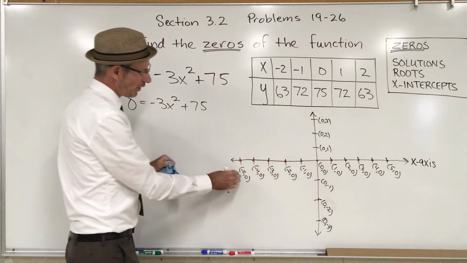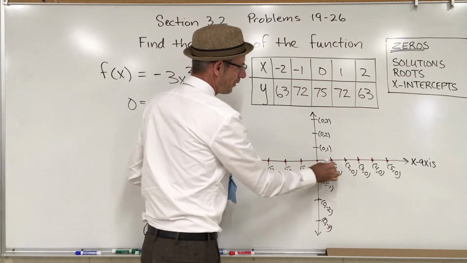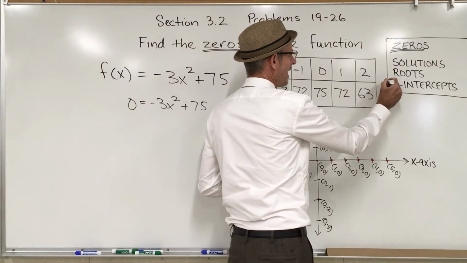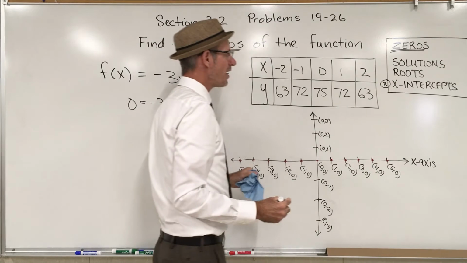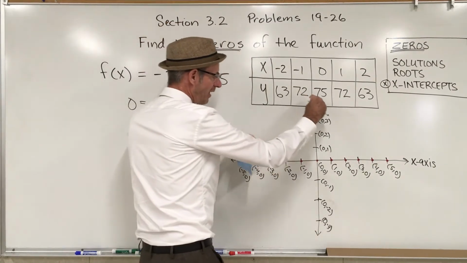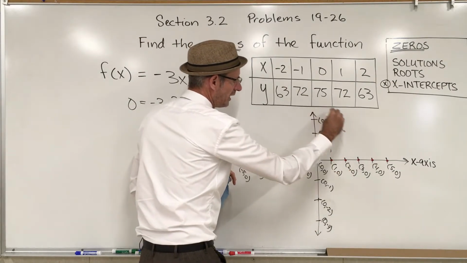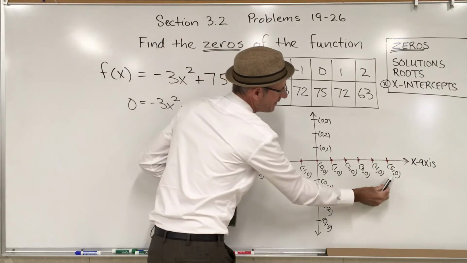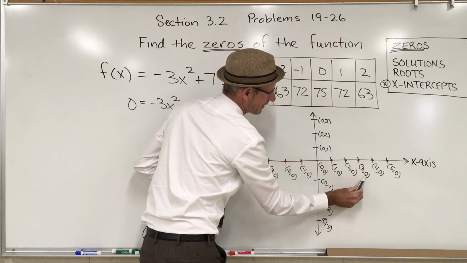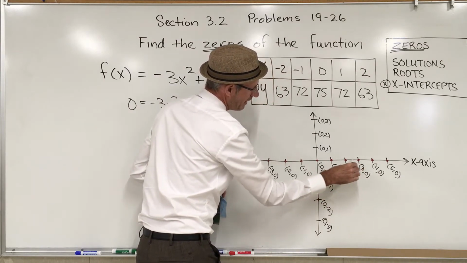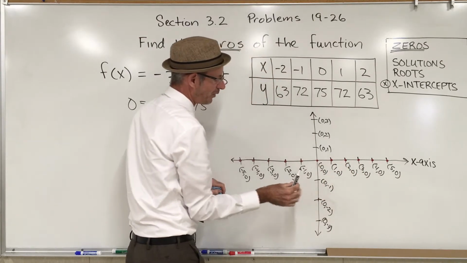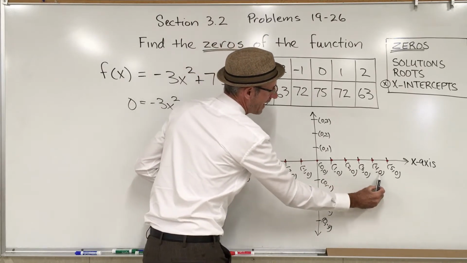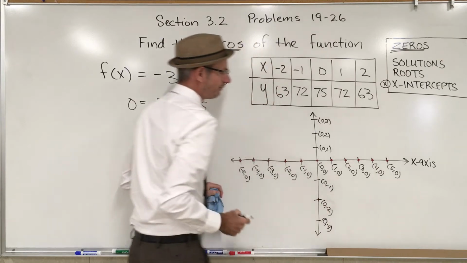Well, it has to do with all of these points that I put on the x-axis on the graph. If we're looking for the x-intercept, we know that we're going to have a line that crosses through somewhere on the x-axis. And every single one of these points on the x-axis, and even the ones that would be in between these points that I didn't label, all of these points have a y that is equal to 0.